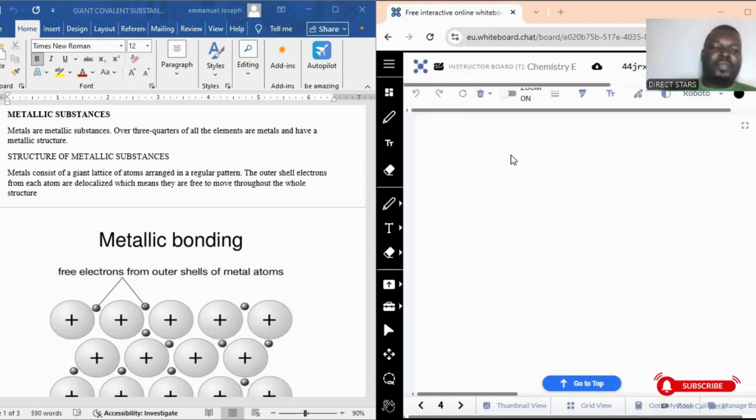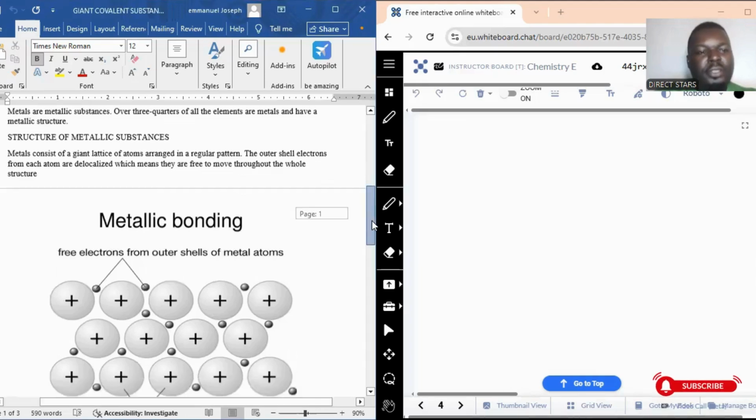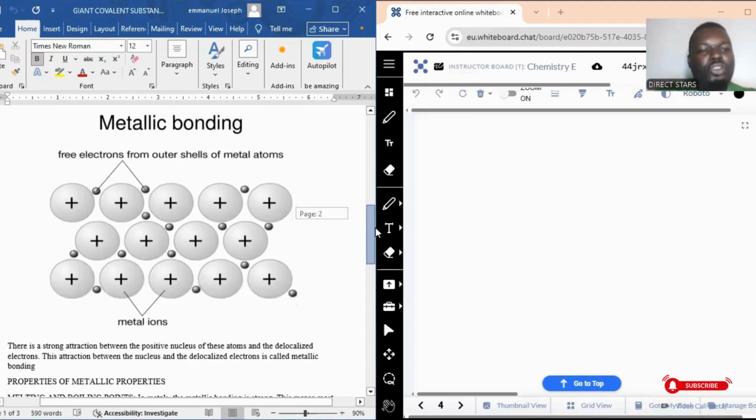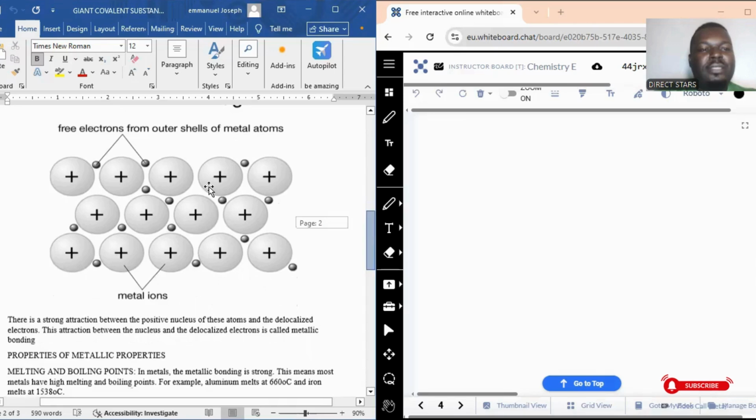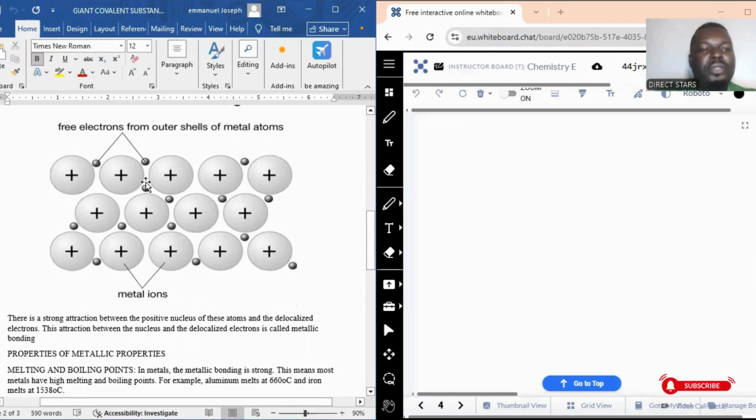When you look at the board, you will see the structure of the metallic bond. You can see those tiny round balls. They are the free electrons from the outer shell of the metal.